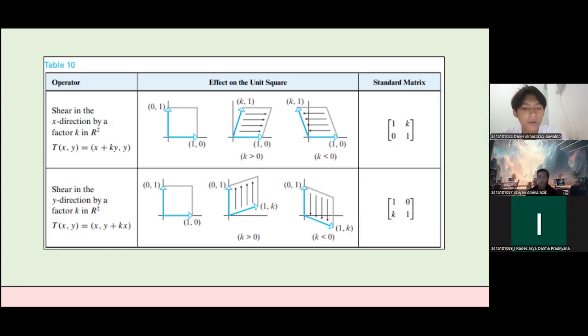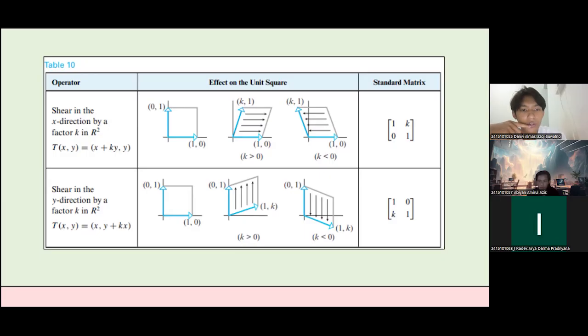And then points on the x-axis, or y equals 0, don't move. As we can see in the effect on the unit square, when y is 0, it doesn't move. And then we will talk about the effect on the unit square. As we can see, the unit square becomes a parallelogram.